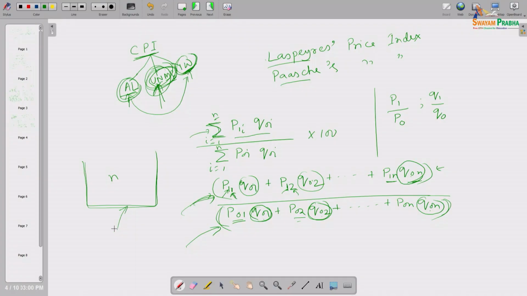Since I am keeping the quantity basket intact, if this ratio becomes greater than 1, or when multiplied by 100 to make it a percentage, is greater than 100, I can tell that the overall cost of living has expanded. The ratio of today's expenditure over last year's is more than 1, or more than 100%.